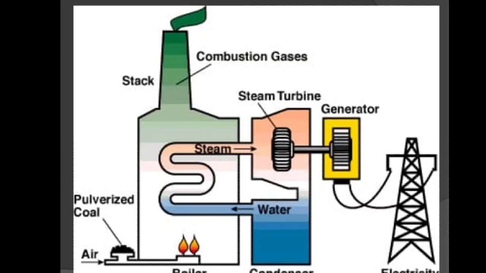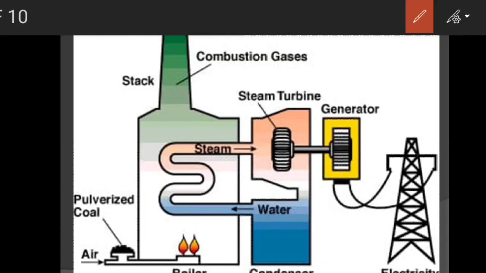As shown in the figure, the pulverized coal is provided to the boiler. In the boiler, the water is passing through the tubes. When the hot gases from the combustion chamber come in contact with the water, vapor gets generated.